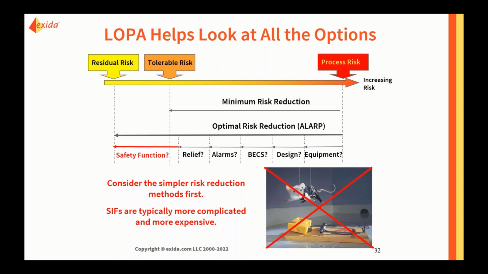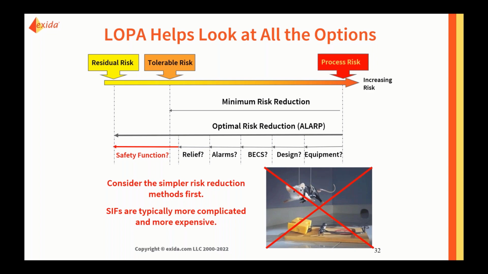So it allows us to consider an array of different potential protection layers, an array of different potential initiating event frequencies, and how sensitive our overall risk is to improving each one of those different situations until we get down to a point of diminishing returns, which is what the ALARP guideline requires.